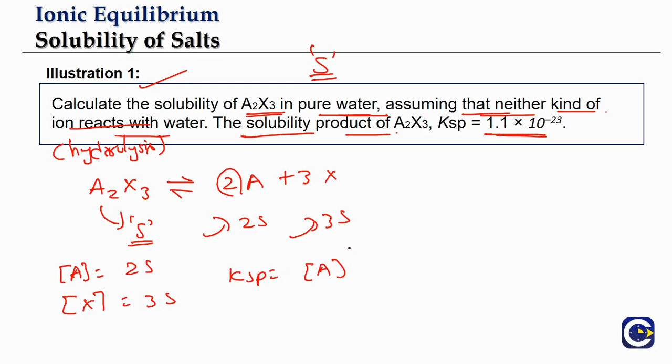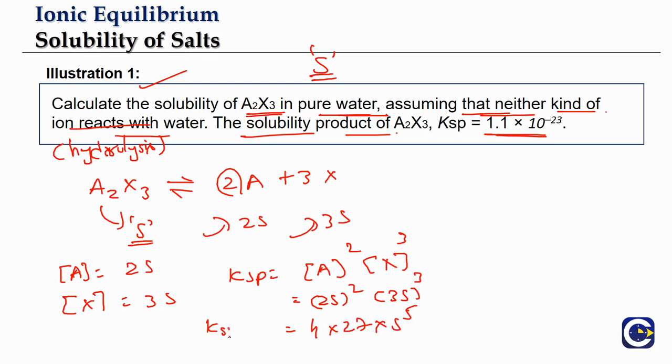What is the Ksp formula? Saturation concentration of A power 2, saturation concentration of X power 3. That means (2s) power 2 times (3s) power 3. So 2 square is 4, into 3 cube is 27, into s power 5.